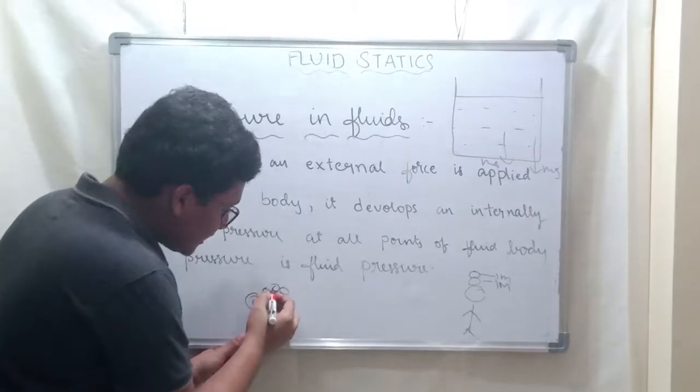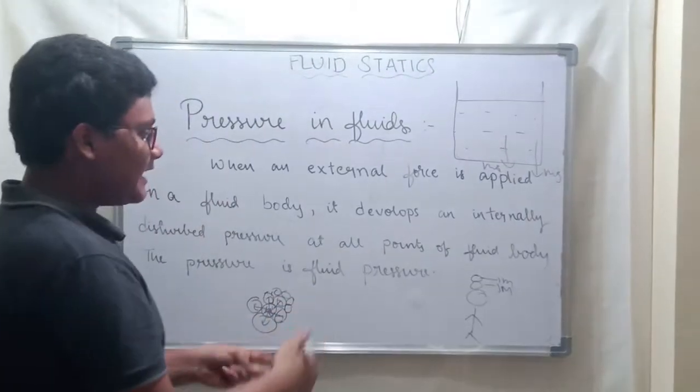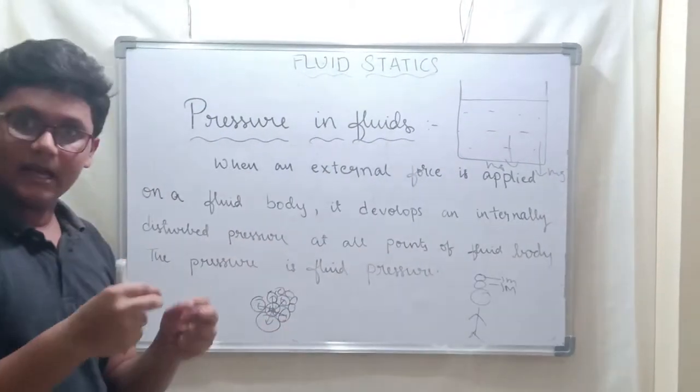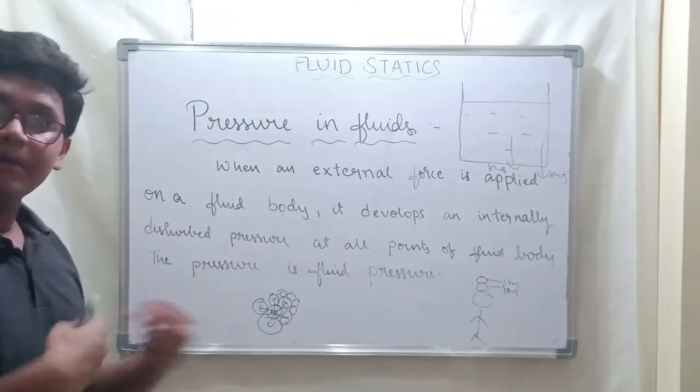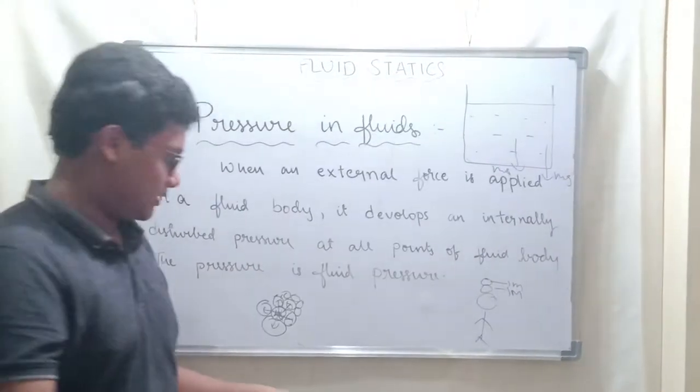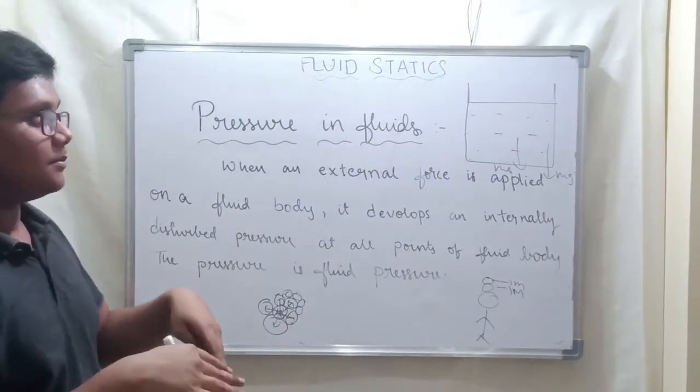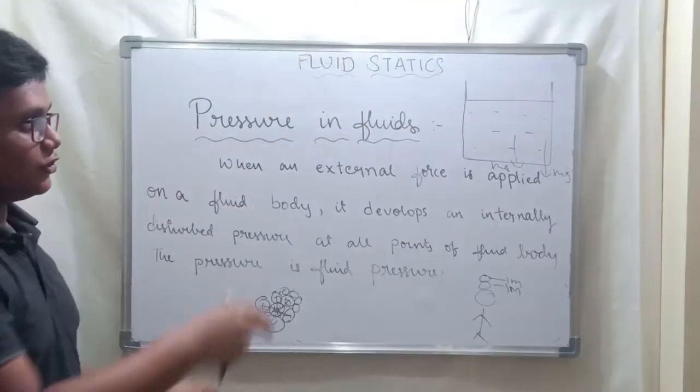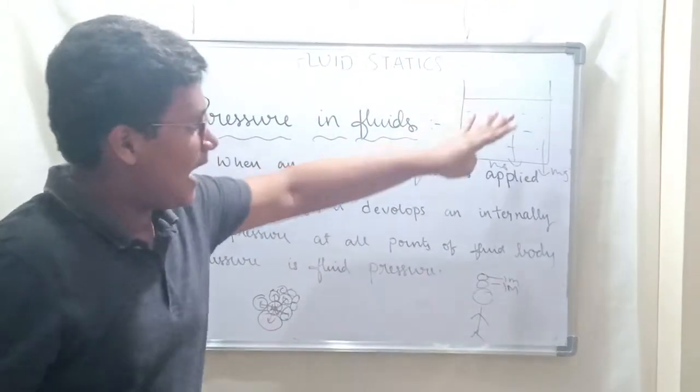Similarly, for this also, it will be surrounded with some molecules like that. Every molecule will be exerting some pressure and applying some pressure on the other molecules. So it is getting disturbed at rest, and that pressure will be applied.